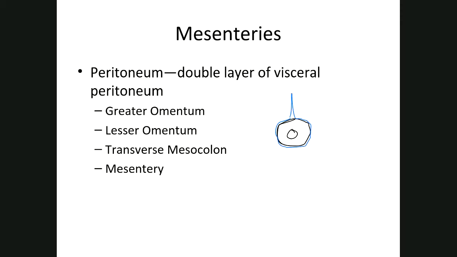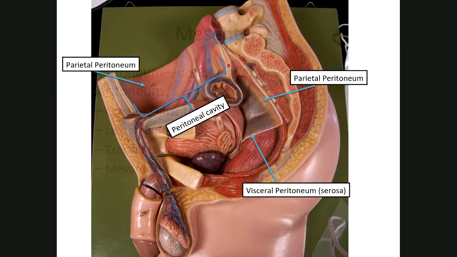So look, right there is a double layer of visceral peritoneum. If we go back one picture, we can see this exact same thing right there. Look, there's the organ, and here's peritoneum right here, and here's peritoneum. Well, right here, look, there's 2 layers of peritoneum. Double layer of visceral peritoneum.